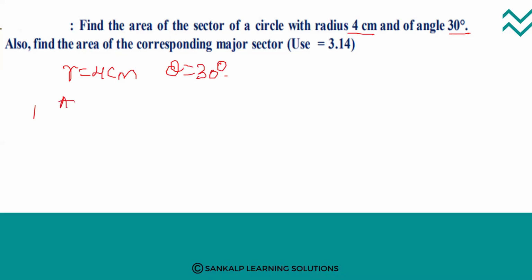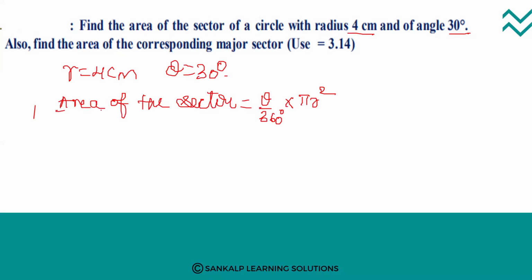We know the formula, area of the sector is theta divided by 360 degrees into pi r square, because we are calculating area here. So theta is 30 degrees divided by 360 degrees into pi value 22 divided by 7 and r value 4, so 4 into 4.